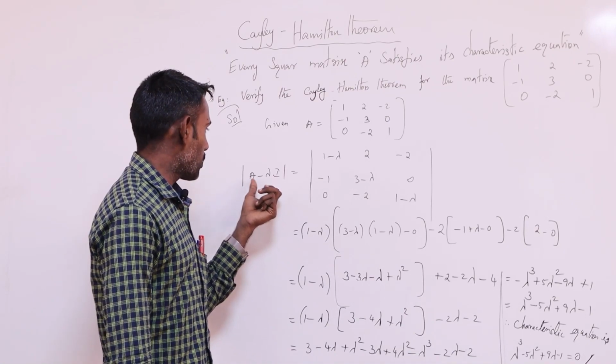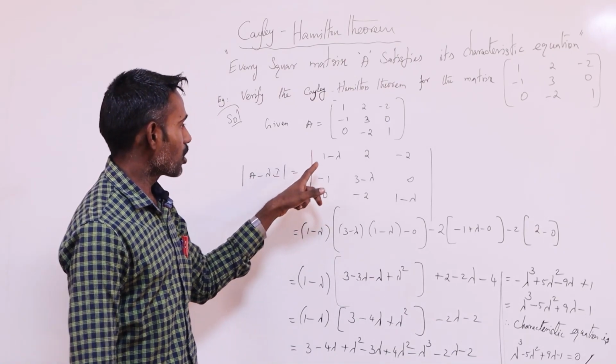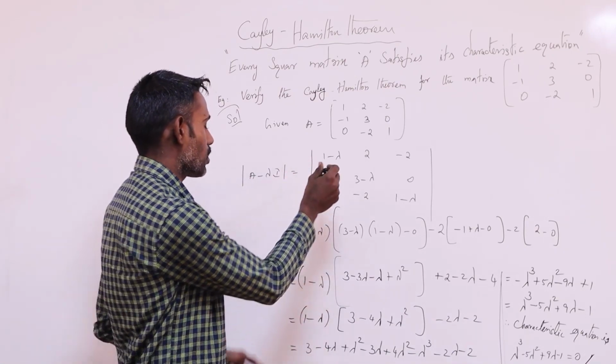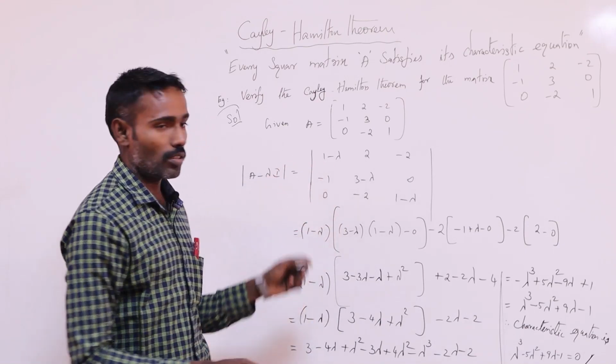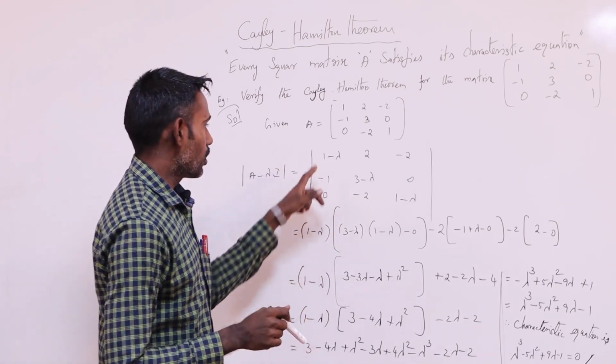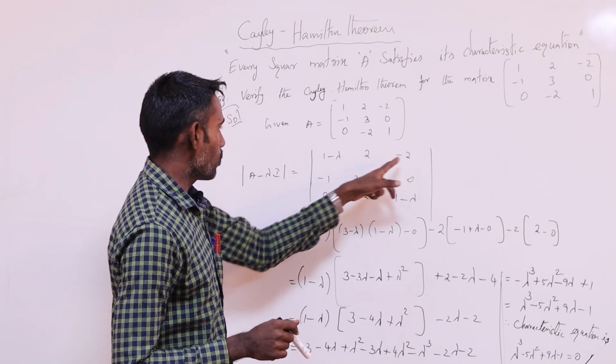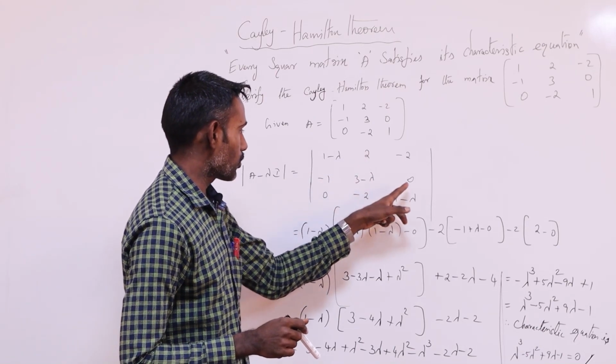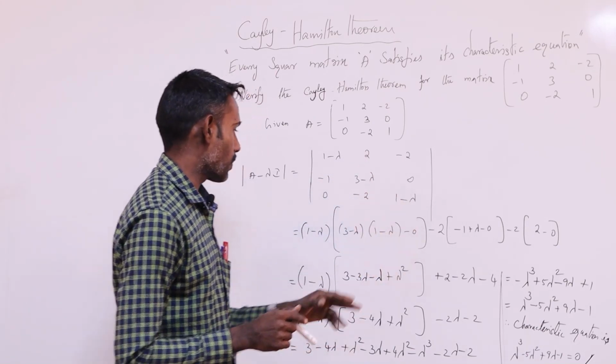Determinant of A minus lambda I. The identity matrix has diagonal values only 1. So we have 1 minus lambda, 2, minus 2, minus 1, 3 minus lambda, 0, 0, minus 2, 1 minus lambda.